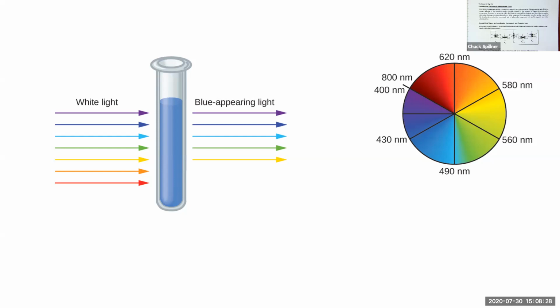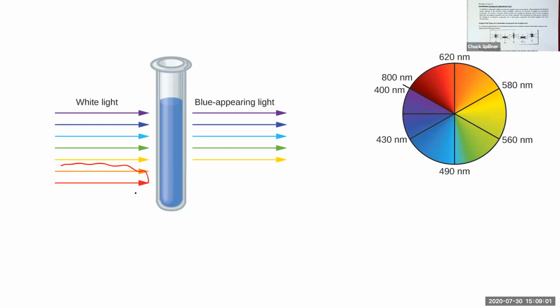So this example shows white light, which is all these different colors put together, impacting a sample of a blue substance. That blue solution is blue because it is absorbing the red and orange wavelengths at the bottom.